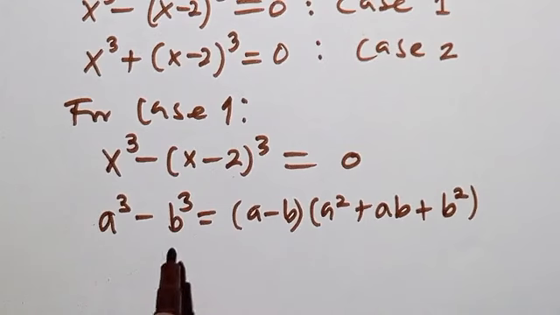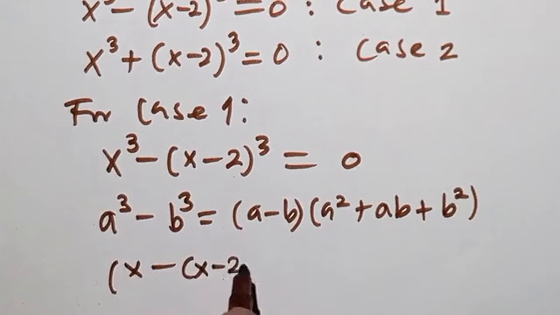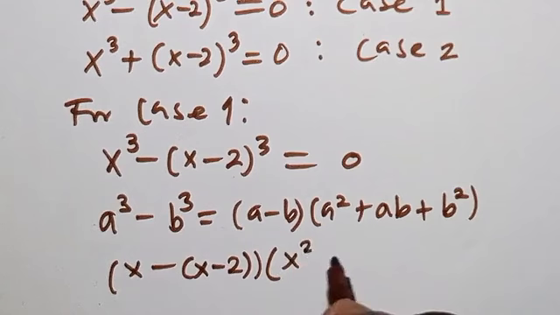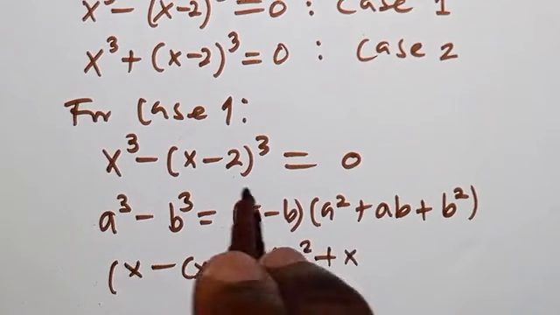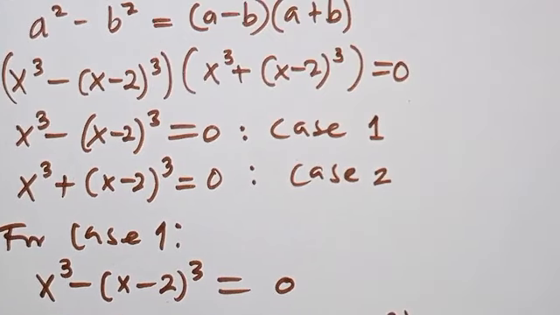So we have x minus x minus 2, then in the bracket, x squared plus x multiplied by x minus 2, then plus x minus 2 all squared, all equals 0.